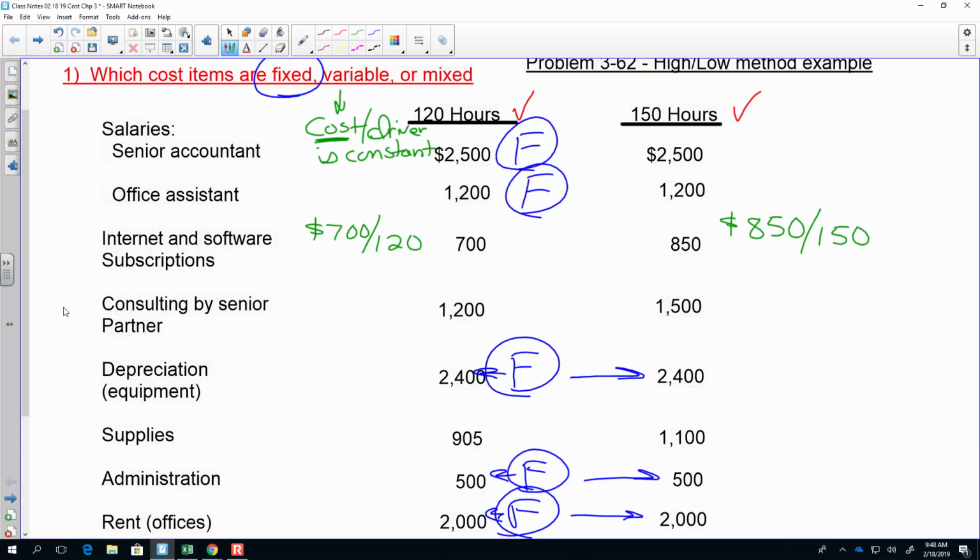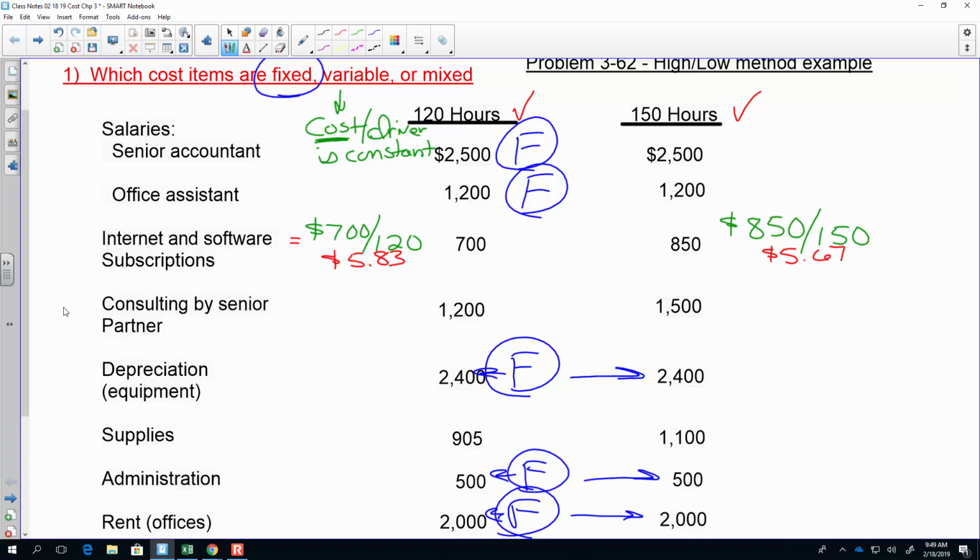So, looking at these, I'm simply going to take a division. 700 divided by 120, 5.83. If I do the same thing over on the right, 850 divided by 150, it is 5.67.